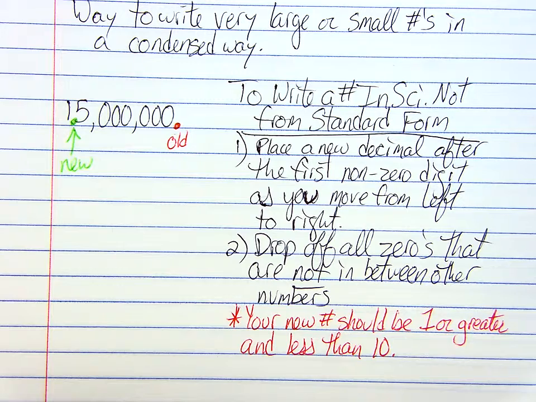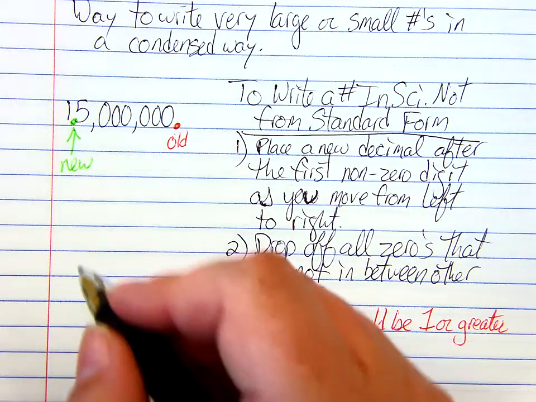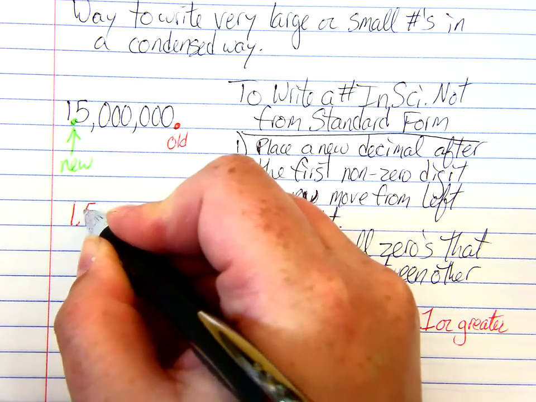No, it has to be less than 10. 9.999, fine. 10, no. Could it be 1? Yes. 1 or bigger than 1, but less than 10 at the same time. So in our case, our new number is 1.5. So I'm going to write that over here. 1.5.